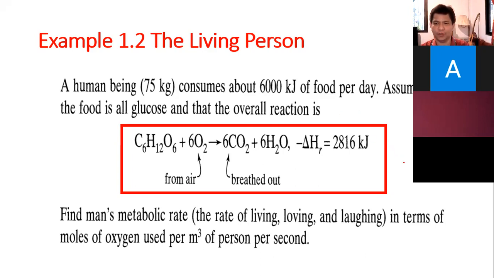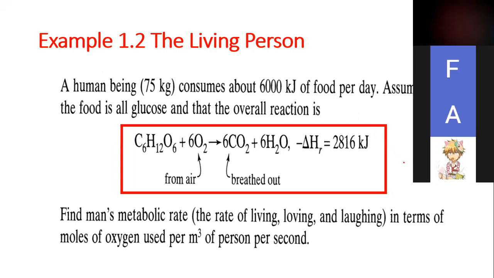How do you convert 1 cubic meter to liters? 1,000, sir. Very good. So we have 75 liters. Divide nyo lang ng 1,000 yun. That's the number of cubic meters. So 0.075. Anyway, just use your calculator.